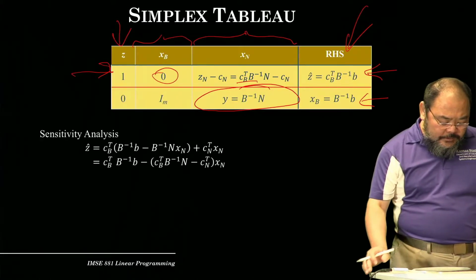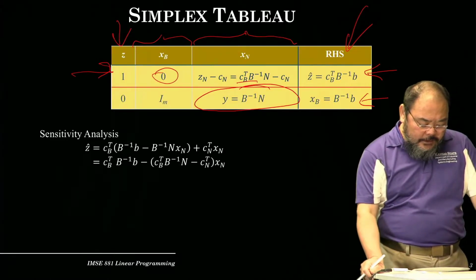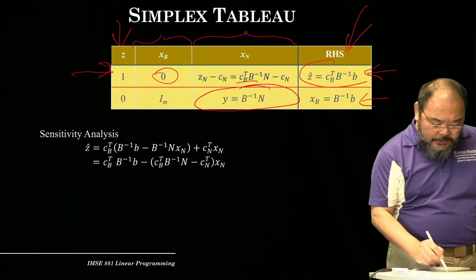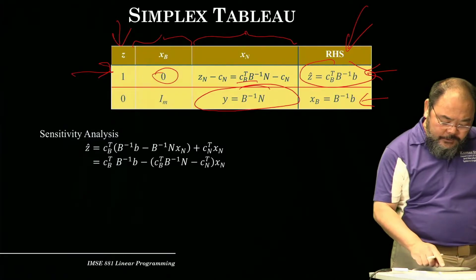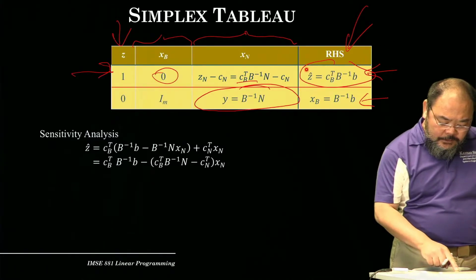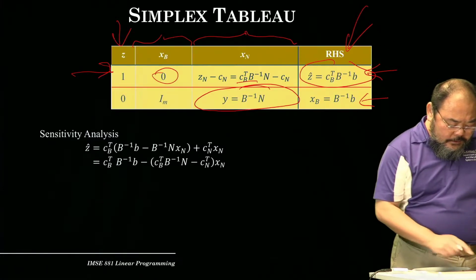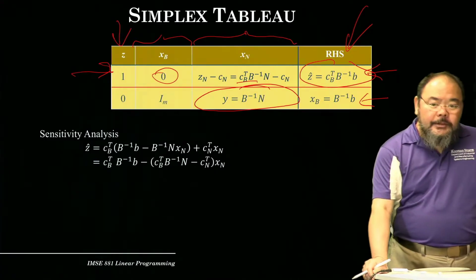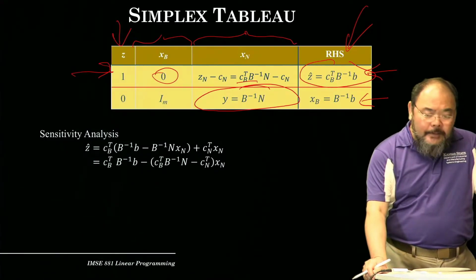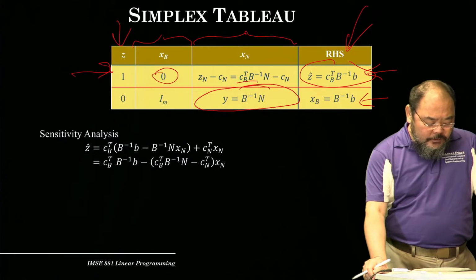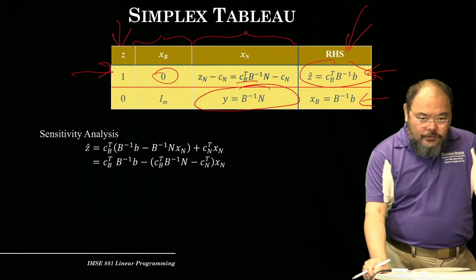So we do some sensitivity analysis. Look at the objective function value here. z hat equals cb transpose times b inverse times b minus b inverse times n times xn, plus cn transpose times xn.